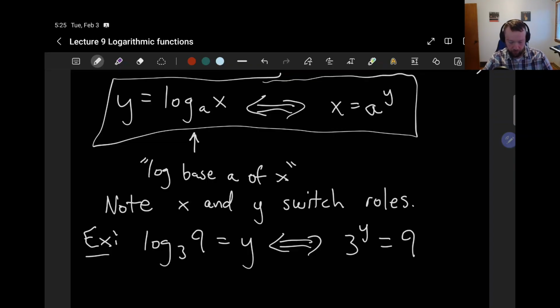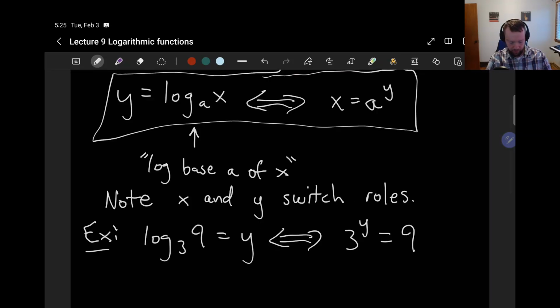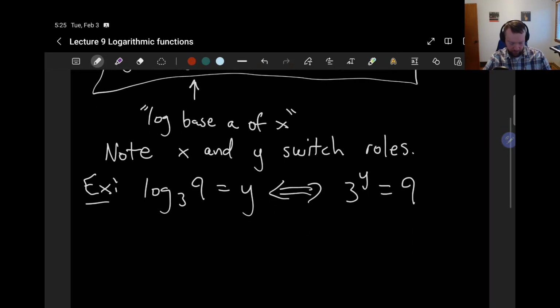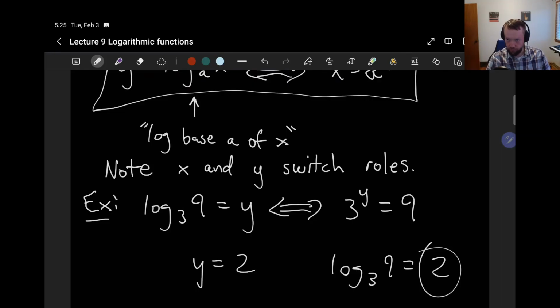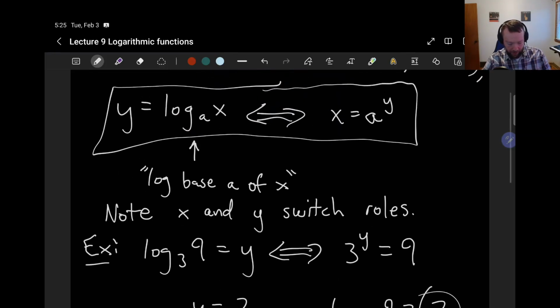Doesn't really matter how you write that. Okay, so 3 to some power equals 9. Well, that means y is 2, because 3 squared is 9. Therefore, log base 3 of 9 is 2. So to solve a logarithm, think of it as the reverse of an exponential.